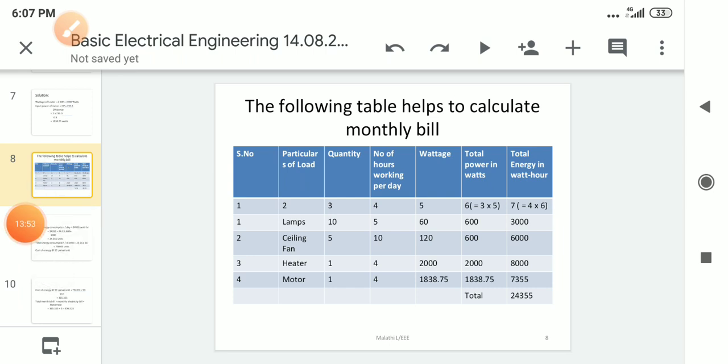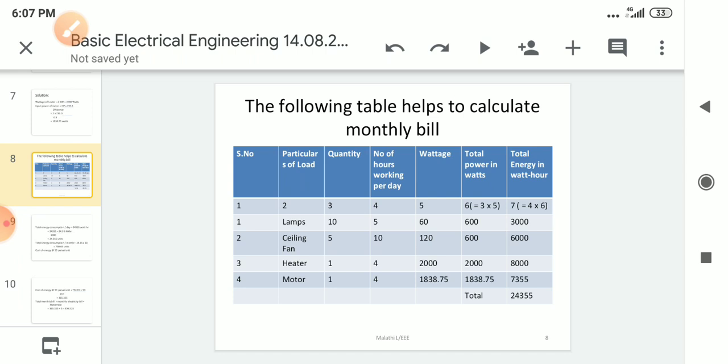Right? These are the 4 types of loads. Next is quantity. Lamps are 10, fans are 5, one heater and one motor. Number of hours working per day: they have provided the time also. Lamps 5 hours, fans 10 hours, heater 4 hours, motor 4 hours.